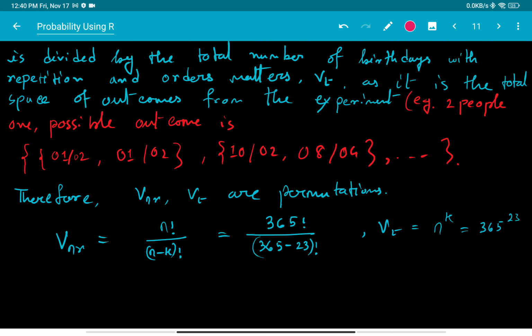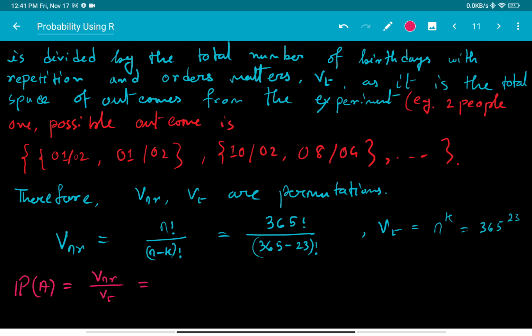Now, if I take the probability of A, the probability of A will be VNR over VT, as we say that probability A is the ratio of the total number of birthdays.